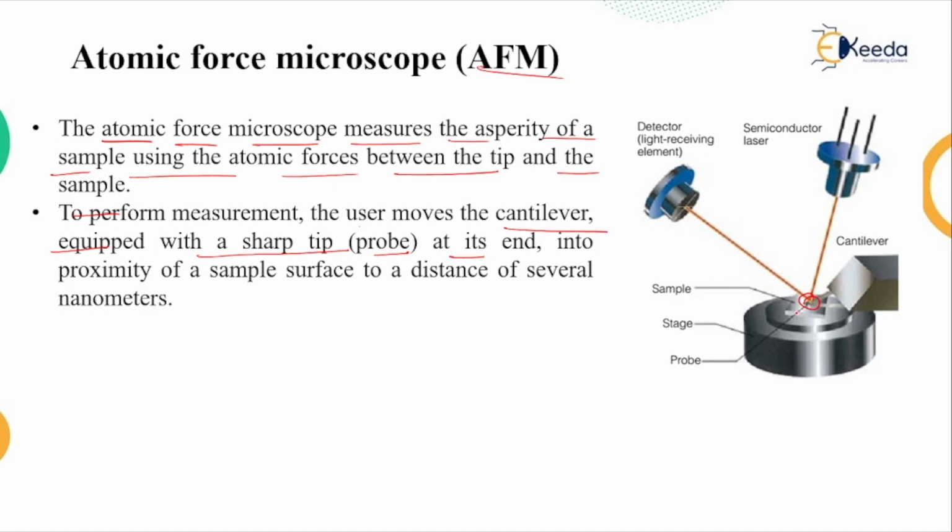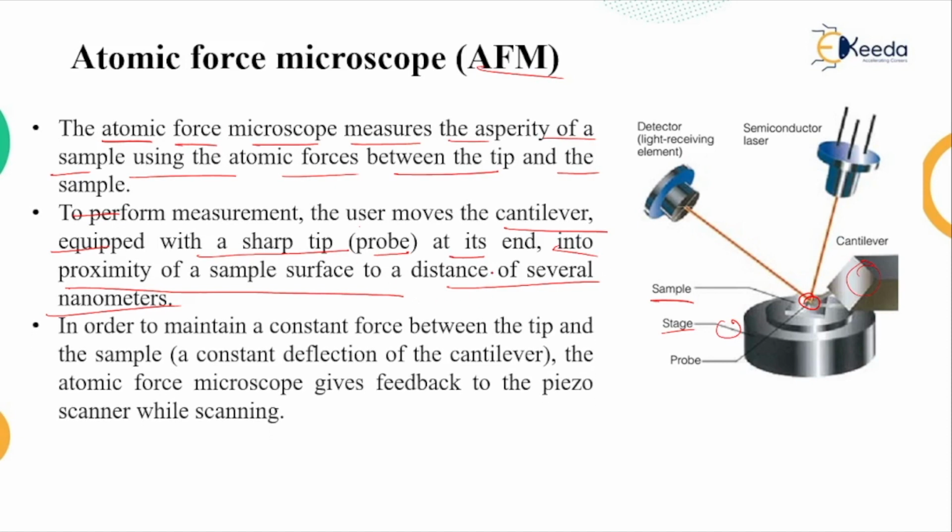Here you can see this is the probe, moved into the proximity of the sample surface to a distance of several nanometers. This stage is required to place the sample, and this is the cantilever. So this probe or tip is connected to this cantilever. Now in order to maintain a constant force between the tip and the sample or workpiece, a constant deflection of the cantilever, the atomic force microscope gives feedback to a piezo scanner while scanning.